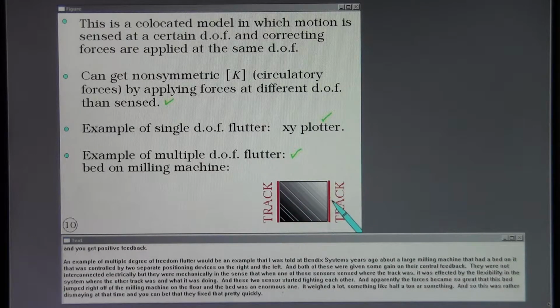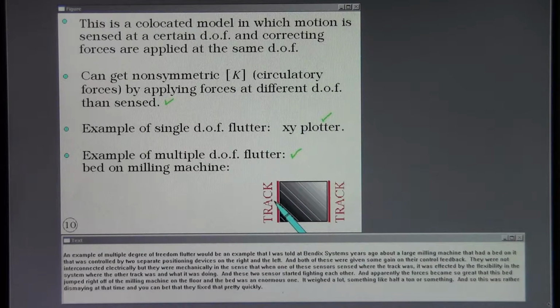And both of these were given some gain on their control feedback. They were not interconnected electrically, but they were mechanically, in the sense that when one of these sensors sensed where the track was, it was affected by the flexibility in the system and where the other track was and what it was doing, and these two sensors started fighting each other, and apparently the forces became so great that this bed jumped right off of the milling machine on the floor, and the bed was an enormous one.